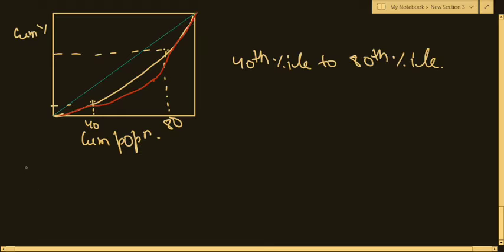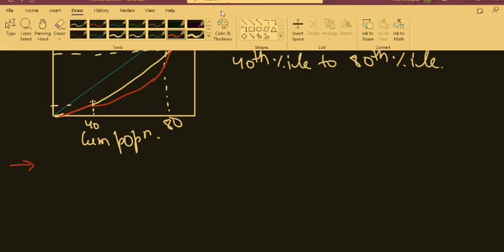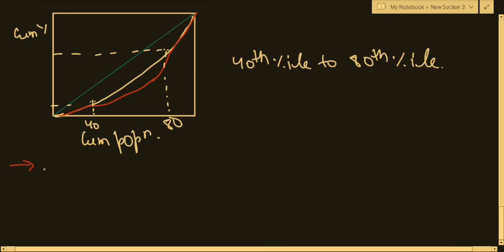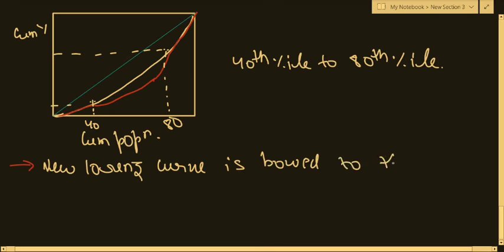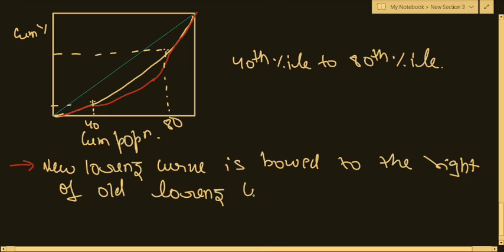Okay, so we can see from here that the new Lorenz curve is bowed to the right of the old Lorenz curve. Thus inequality rises.